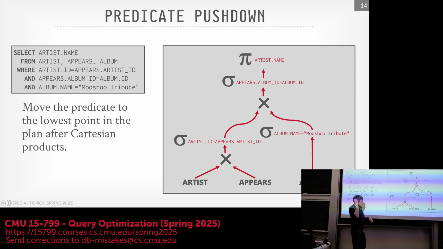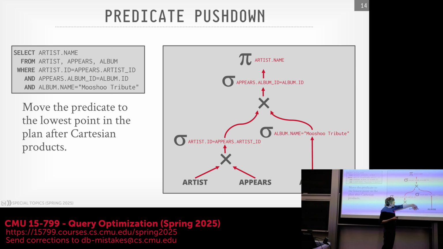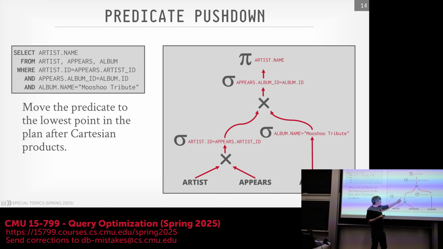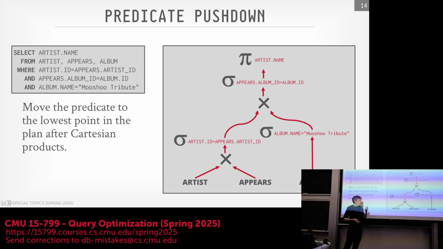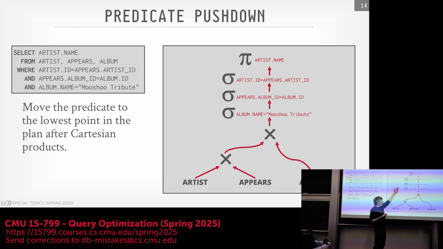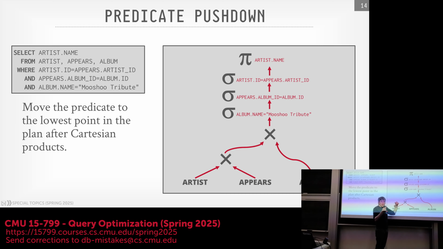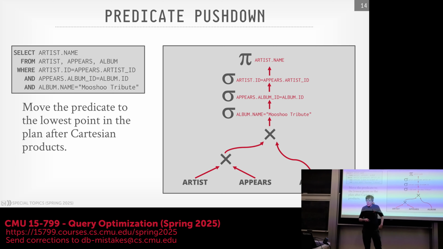So I can move down the lookup on album name down here, and I can put the join predicate right above the Cartesian product here. Again, I can just do that by identifying that if I see a predicate, I have a rule to go find where I'm doing the scan on that table or the join that's being referenced in the predicate, and putting it right above that logical operator.